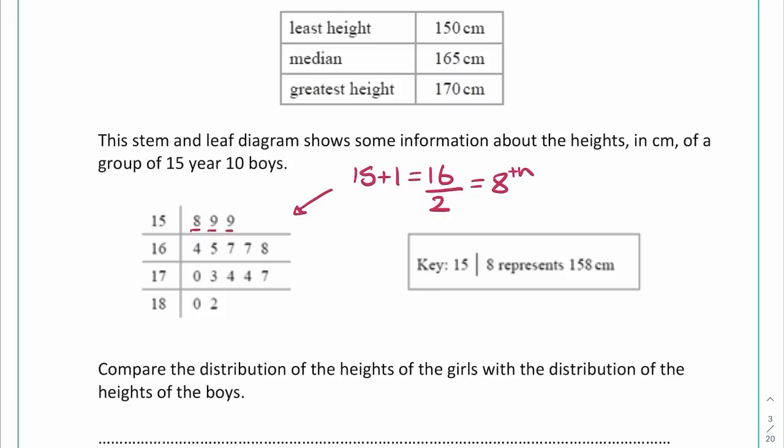So 1, 2, 3, 4, 5, 6, 7, 8. So it's that 8th person along, get rid of these ones, that is the median. So look at the key, that's representing 158 centimetres if it's 15-8, so 16/8 will be 168 centimetres. Now the Year 8 girls, the median was 165.